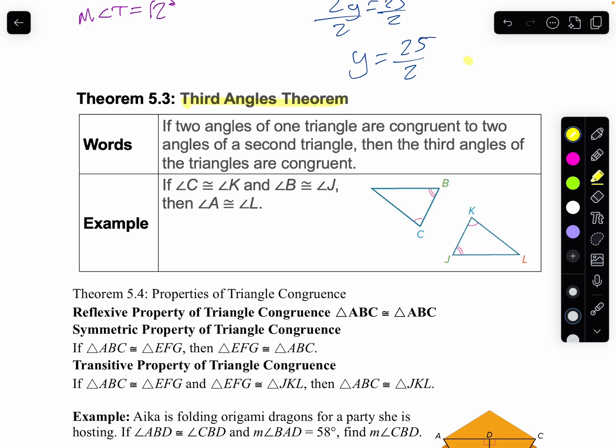And what it says is this: if I have two angles that are congruent to each other in different triangles, so for example, look at this, angle C is congruent to angle K, and angle J is congruent to angle B. What that tells me is my third angle has to be congruent because there's 180 degrees in a triangle. And if two of those angles are the same, I know what's left over has to be the same.